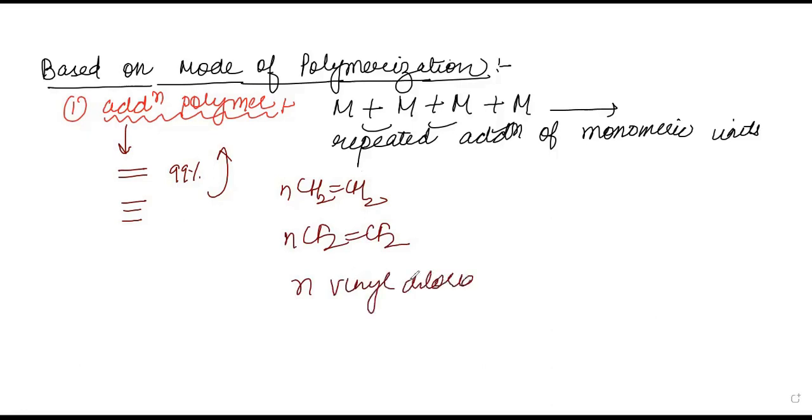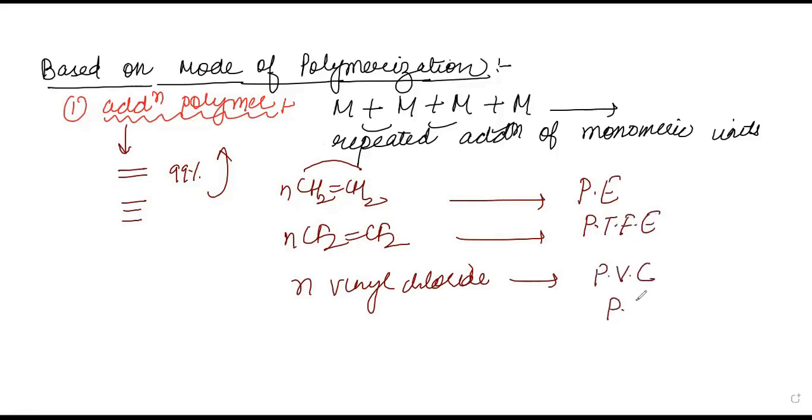Every molecule having a double or triple bond, after polymerization, is an addition polymer, because the same type of monomer units are repeated. So polyethene, polytetrafluoroethene, polyvinyl chloride, polystyrene, all are examples of addition polymer.